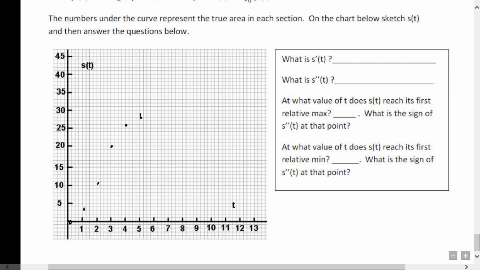T equals 6, you get 26. T equals 7, you get 21. T equal 8, you get 19.